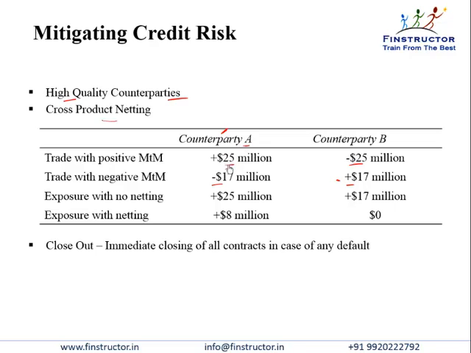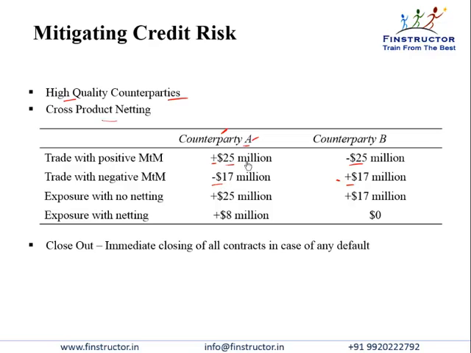In the first trade, he has a gain of $25 million, hence his credit exposure is a positive $25 million. If counterparty B defaults, there will be a loss of $25 million. In the other trade, A has no credit risk as he is the loser.